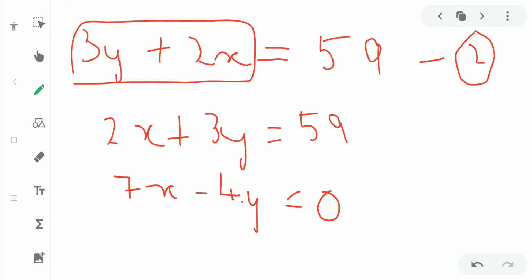Now let us solve it by the method of elimination by equating coefficients. You can solve it by any method. I am solving it by this method.